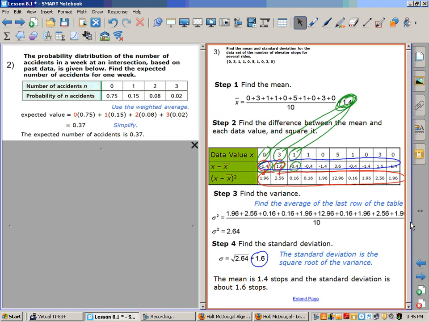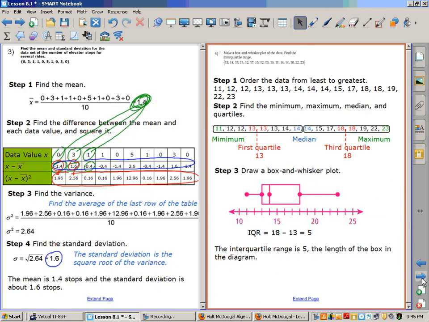And these are elevator stops. All right, on the next one, I just wanted to make a box and whisker plot. The first thing you did was put them in order. Second, we found the middle score: 14 plus 14 divided by 2, so we have a median score of 14. Then I had to find my first and third quartiles.